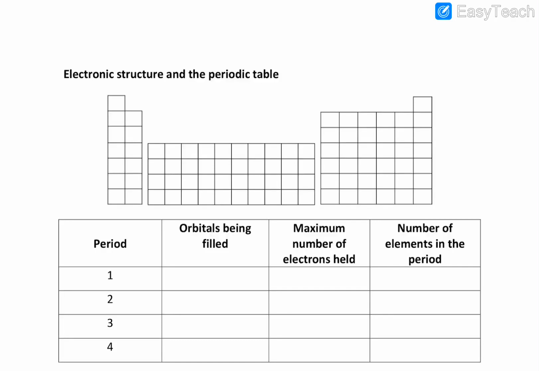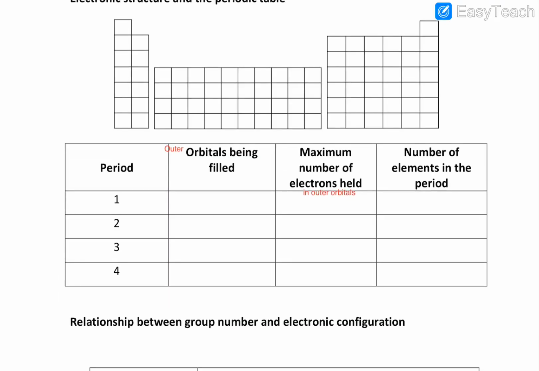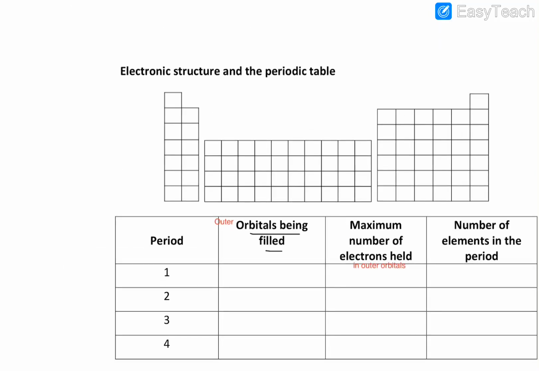Now the electronic structure and the periodic table. Here there is a little change that you will need to make. Here it's the outer orbitals being filled. So let's see, period 1, 2, 3, 4, 5, 6, 7.